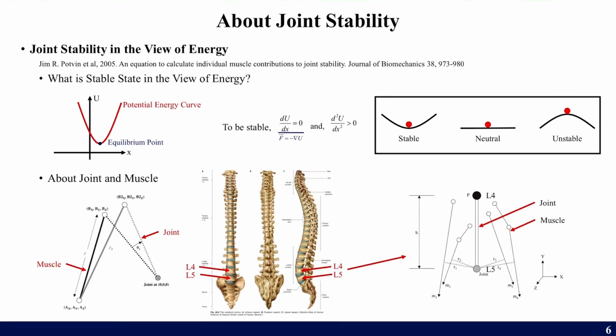So like this, I can apply the idea to the joint. The pictures on the bottom is about the modeling of this paper. The paper calculated the joint stability of the spine, the L4, L5 joint.